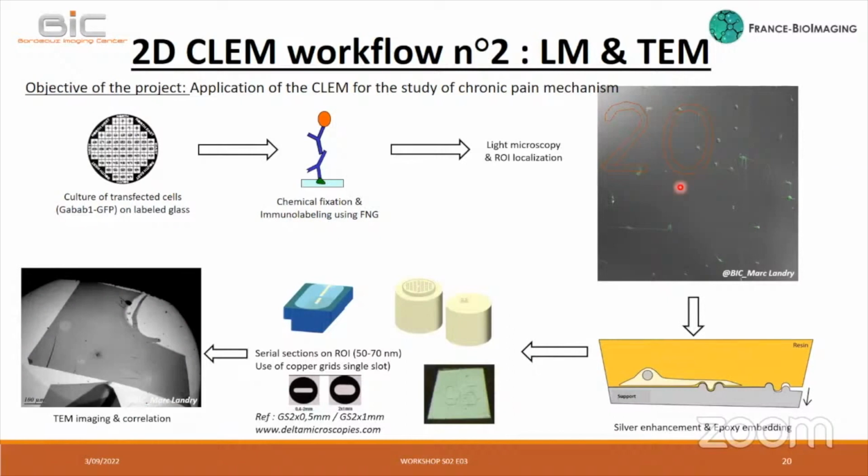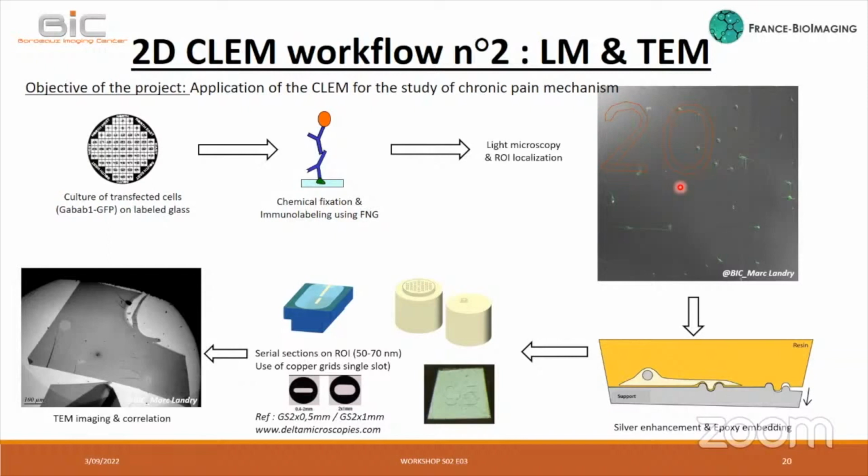For TEM, we do silver enhancement first, because when we use pre-embedding immunolabeling, we use gold beads around 0.6 to 1.4 nanometers, so very low size.